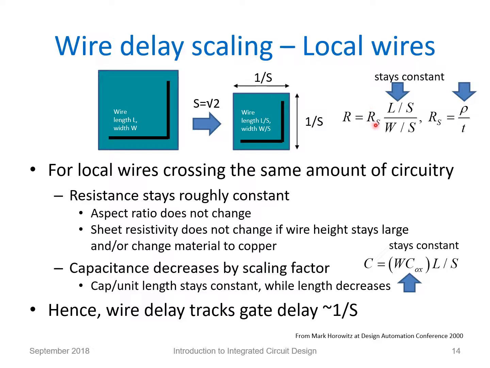The sheet resistivity, Rs, does not change if the wire height stays large and/or we change the material to copper. The capacitance decreases by the scaling factor, since the capacitance per unit length stays constant while the length is decreasing. Hence, wire delay tracks the gate delay and both scale as 1 over s.